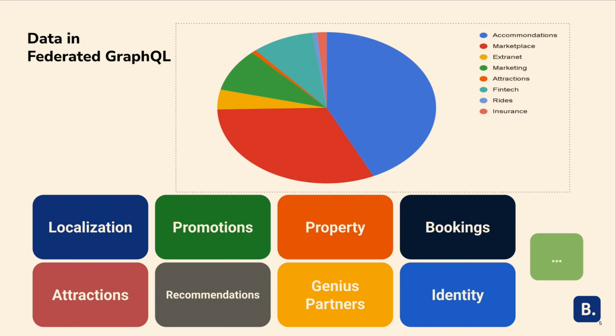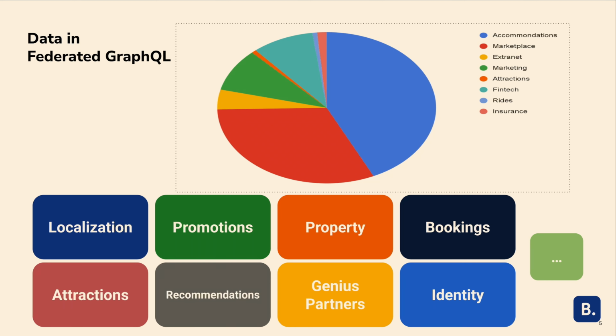This is from the domain and product perspective. In federated GraphQL, we serve almost all the Booking data domains. Almost all the verticals, like accommodation, marketplace, rides or insurance, have a backend service we call a subgraph, federated by the federation router.